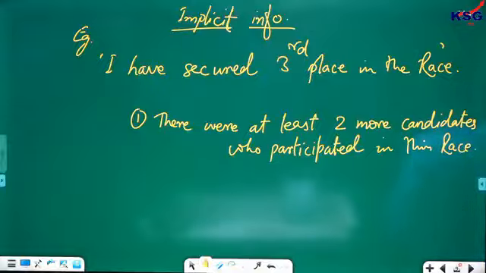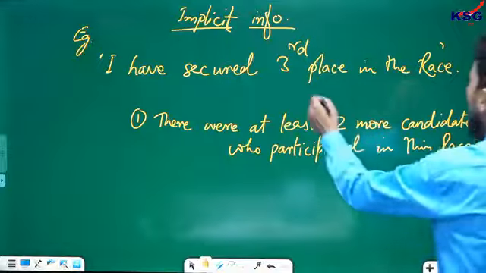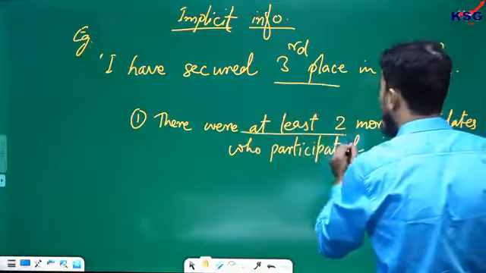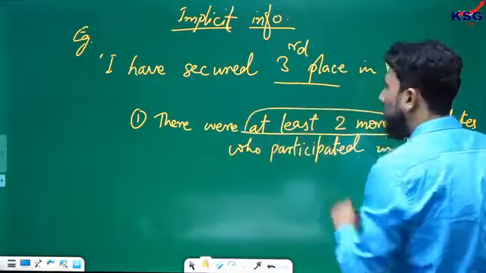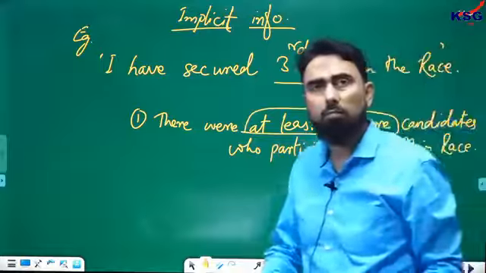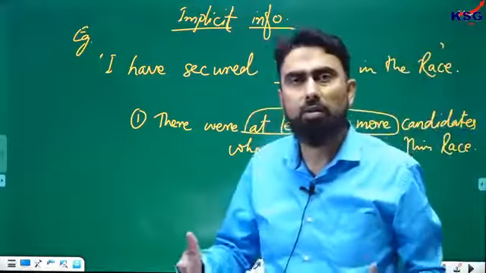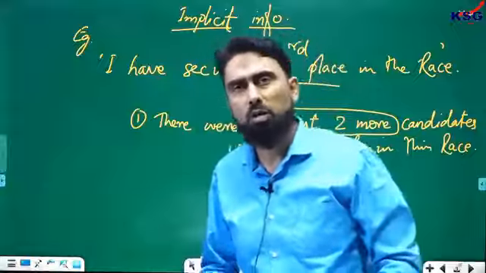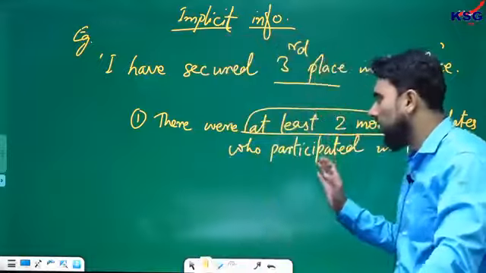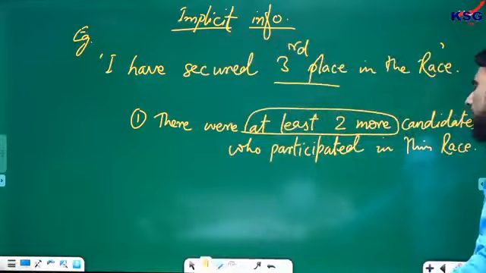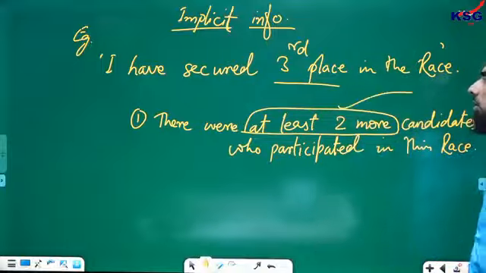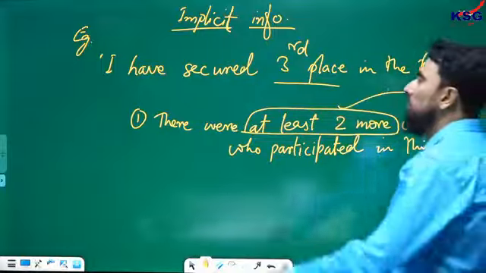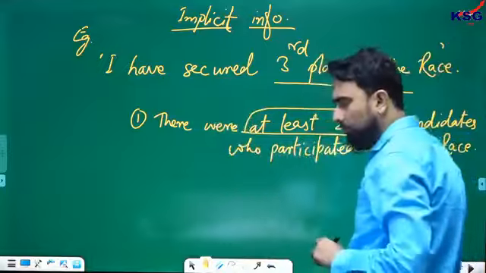Right or wrong? Absolutely right, because his place is third, so there must be at least two more, minimum two more. There could be more. If there are 10, then he has got third position. So total, 9 other candidates also participated. So 'at least' makes it safe, and it's a logically connected implicit information from this para.